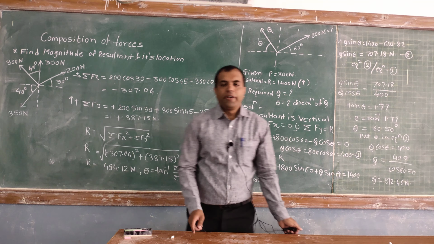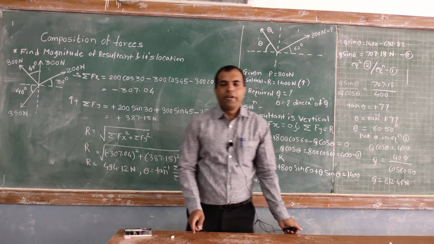In this numerical, they have asked you to find the magnitude of the resultant and its location. Location means in which quadrant the resultant lies. First we have to find the magnitude of the resultant.